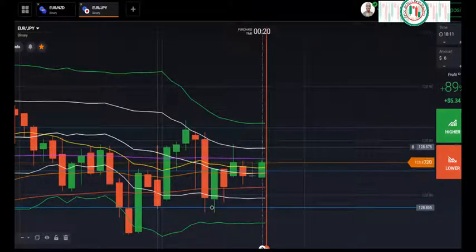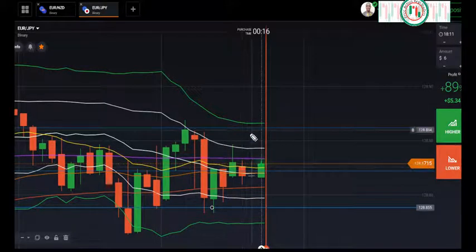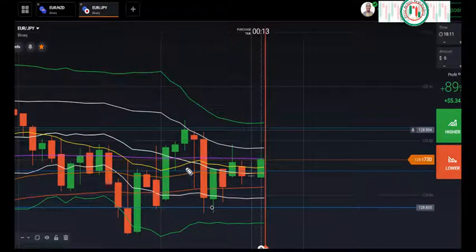So now I'm still waiting for the market to come to this level or this level.